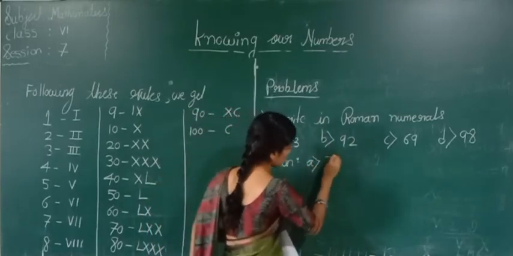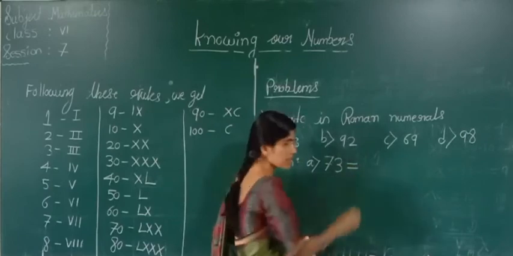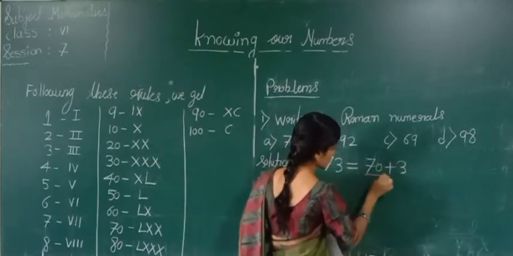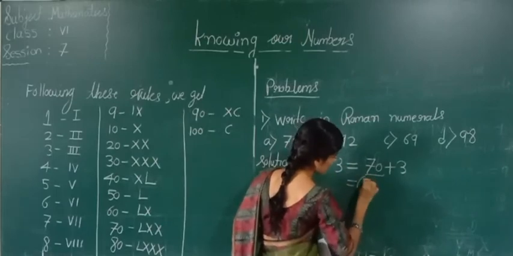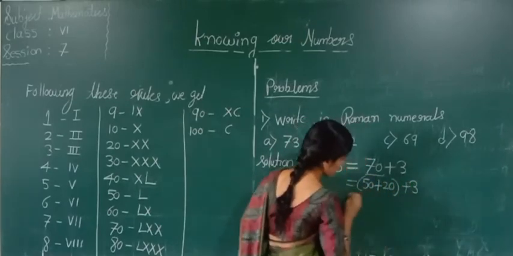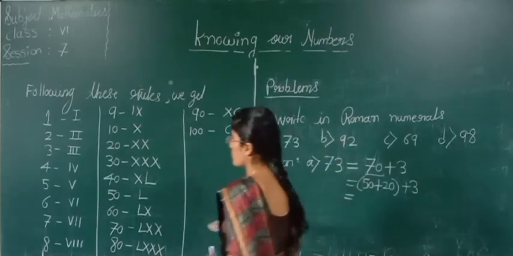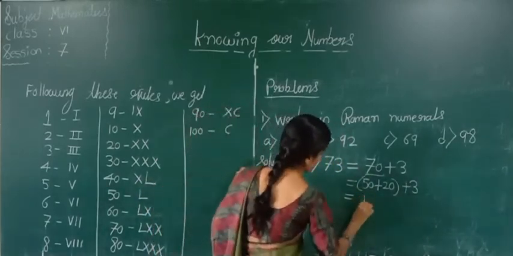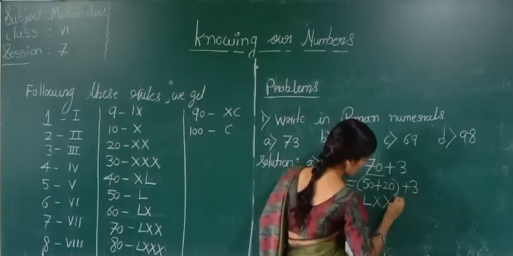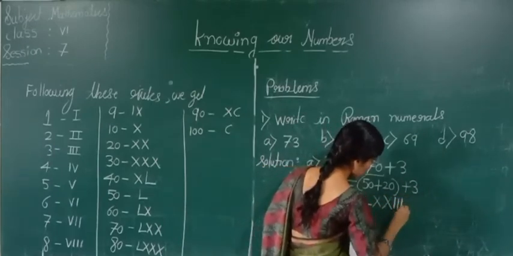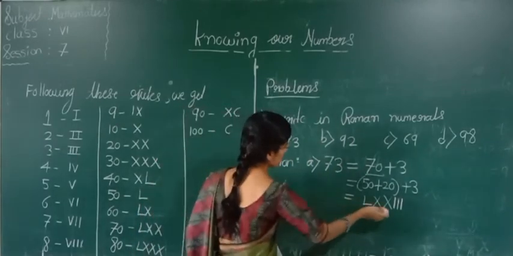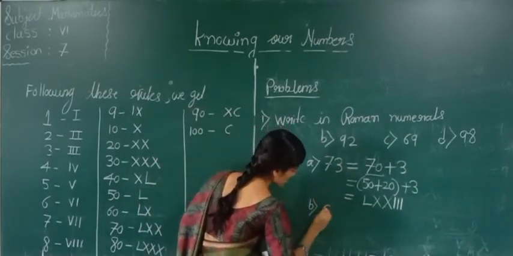A 73. So 73 can be written as 70 plus 3. 70 can be written as 50 plus 20 plus 3. So how we will write 50 in the Roman numeral? L. 20, XX. How we will write 3? 1, 2, 3. Okay, this is nothing but 73. So now see now 92.